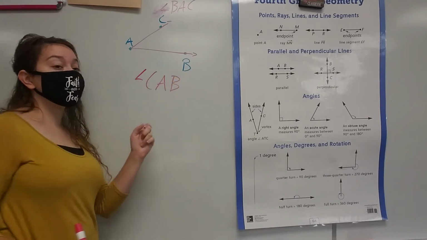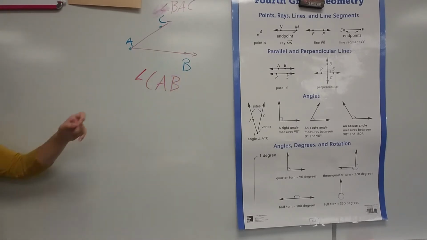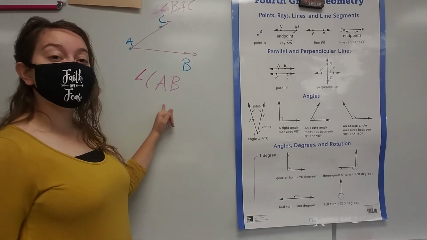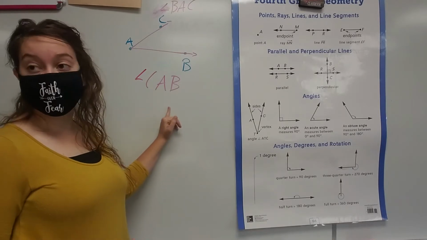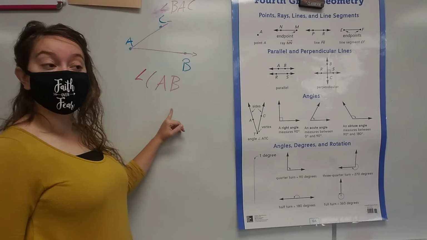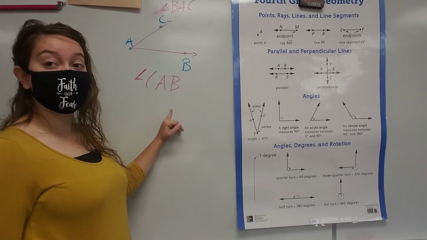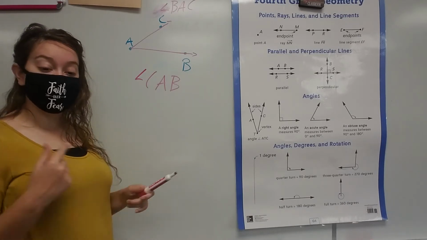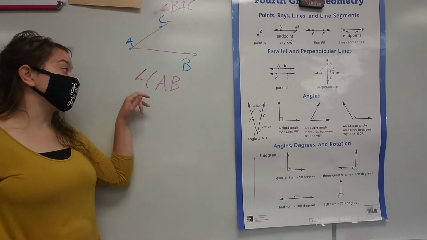That is the only other way we can name it, because A has to stay in the middle. That is our vertex, so it has to stay in the middle. Does that make sense? So what's another name for angle BAC? Angle CAB.